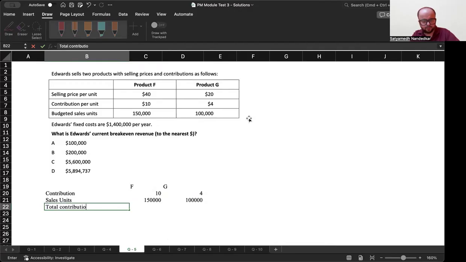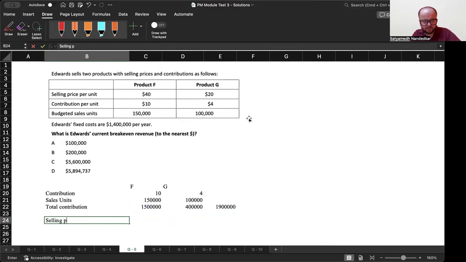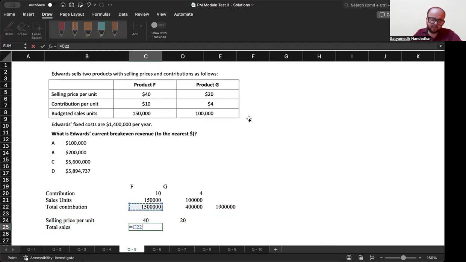So total contribution is this much, okay, which is 15 lakh plus 4 lakh. And the selling price per unit is 40 and 20. So how will I get my total sales? Again, this will be number of units sold into selling price per unit. Okay.